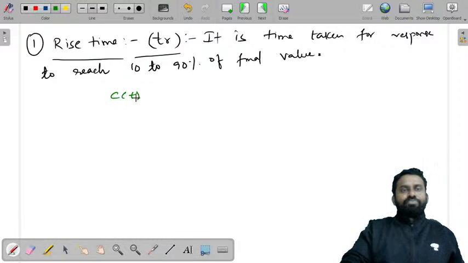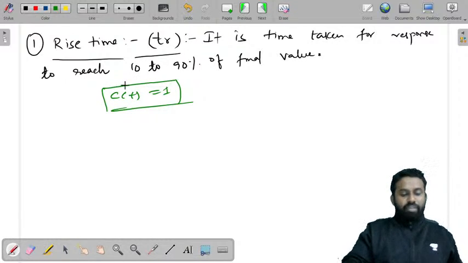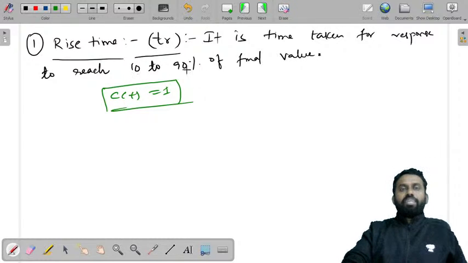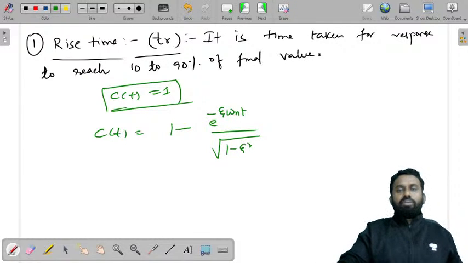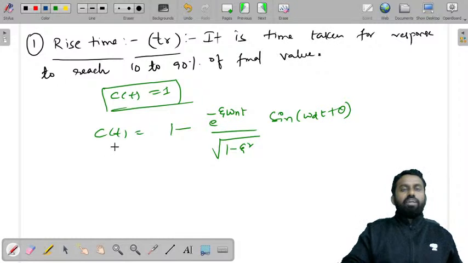So here C of t is equal to 1. The rise time maximum value will be from 10 to 90% for different cases. What was C of t? We already know it is 1 minus e power minus zeta omega n t by under root of 1 minus zeta square, sine omega d t plus theta, and we know that C of t is equal to 1.